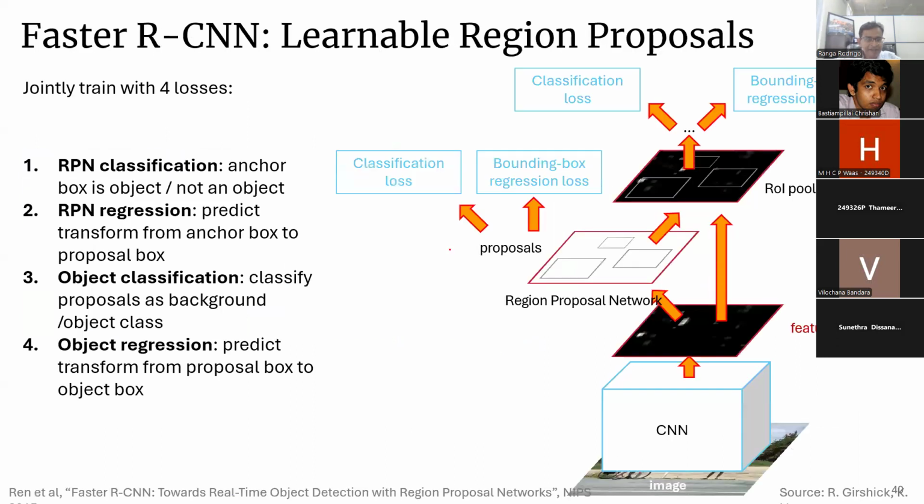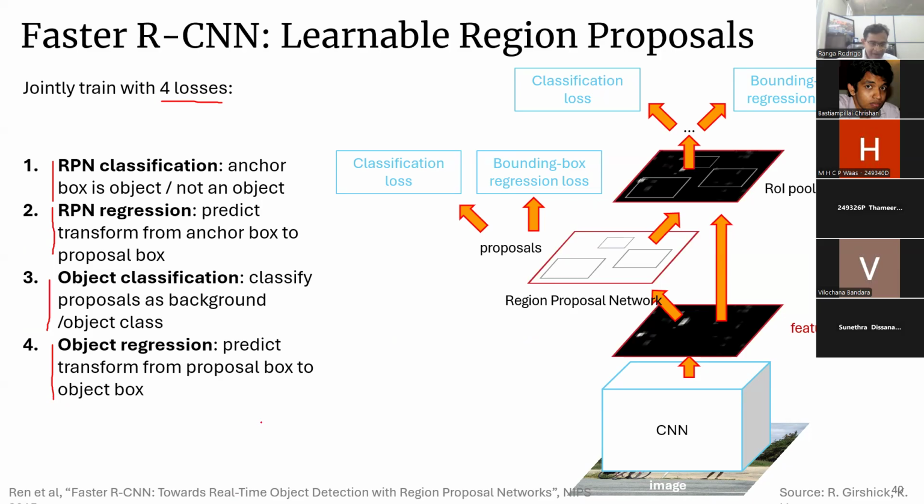Okay. All right. So there are four losses in this Faster RCNN. RPN classification: anchor box is object or not an object loss. Region proposal network regression: predict transform from anchor box to proposal box. Then object classification: classify proposal as background or object class.